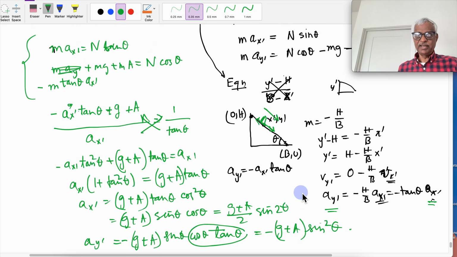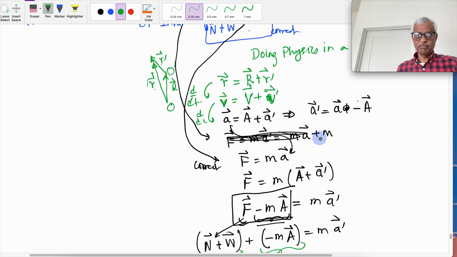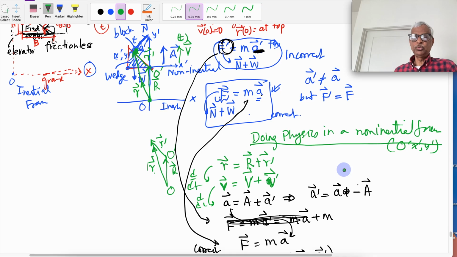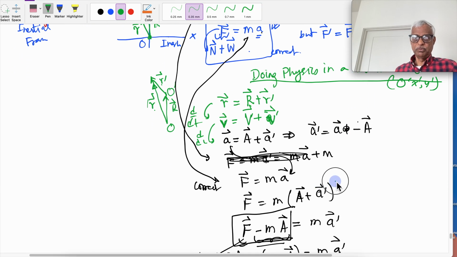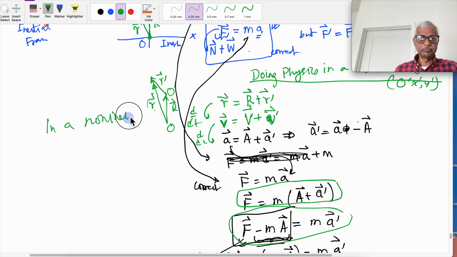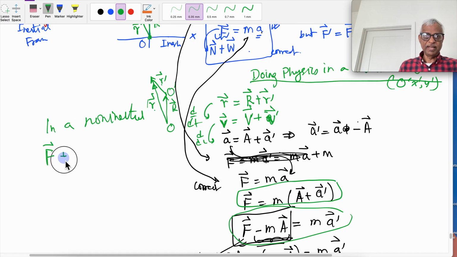So it's very natural to do it in a non-inertial frame. So doing physics in a non-inertial frame is often very natural, but you have to be willing to modify the equation this way. So in a non-inertial frame, the equation will become, instead of F, you have to add a fictitious force, then you'll have m a.